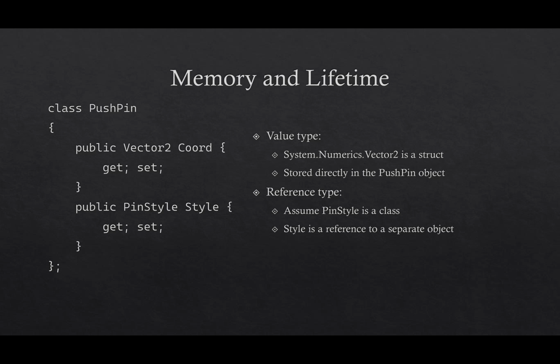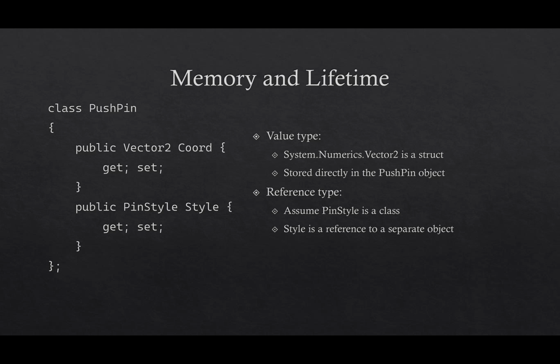And let's say that we have two properties. One property called coord, short for coordinate, is the XY coordinate of that object on the map. And another property called style is a reference to an object that defines something about the appearance of that pin.